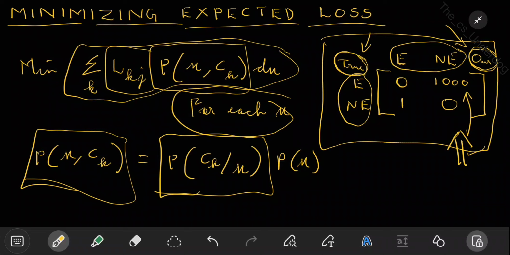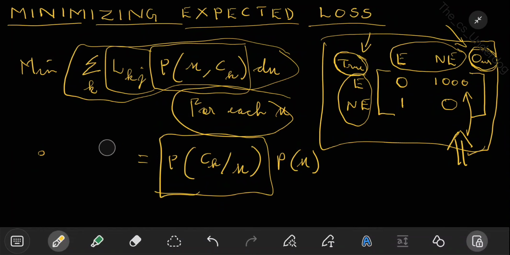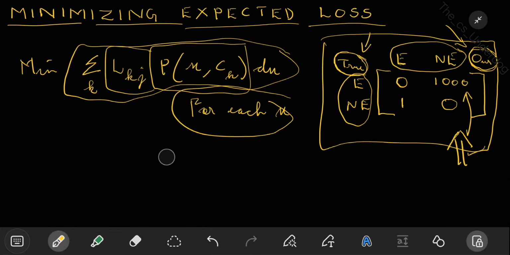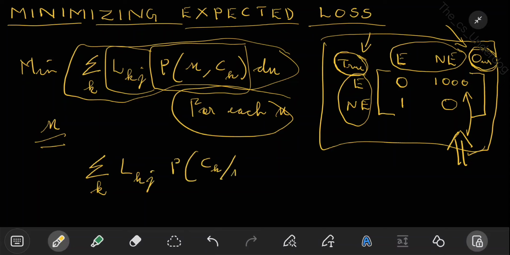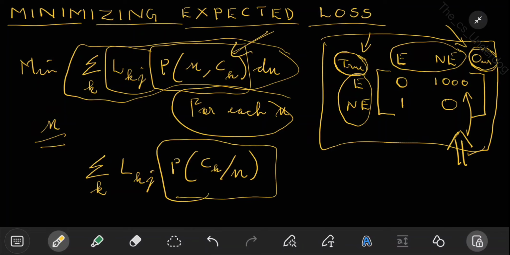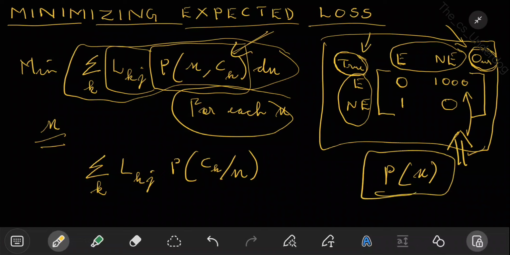So this can also be said as, whenever you get a new value of x, you have to assign it to that particular class which minimizes this sum, that is, sum over all k of lkj P of ck given x. Here I am only considering the posterior instead of the complete joint probability distribution, because P of x is common for all the classes.